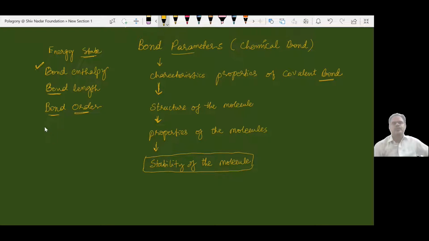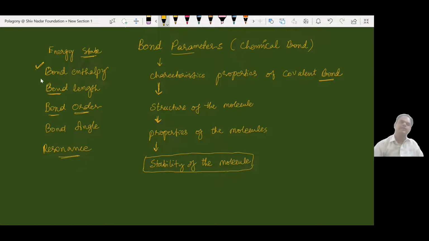And fourth, if you want to know the shape of the molecule, then we must know the bond angle. And last, if you want to know the stability of the molecule in detail, we must study resonance, a phenomenon we must study.